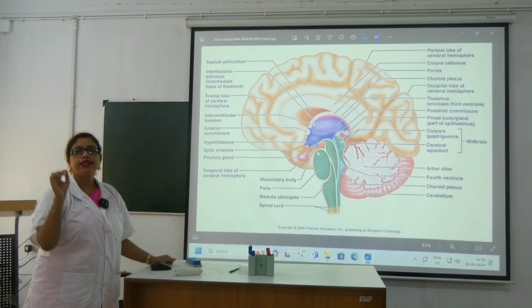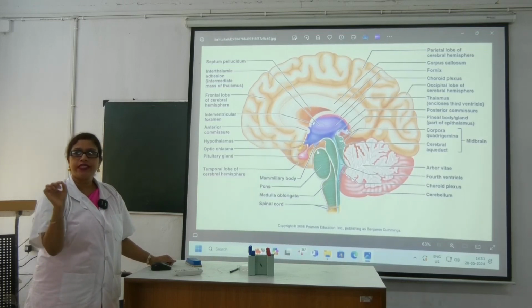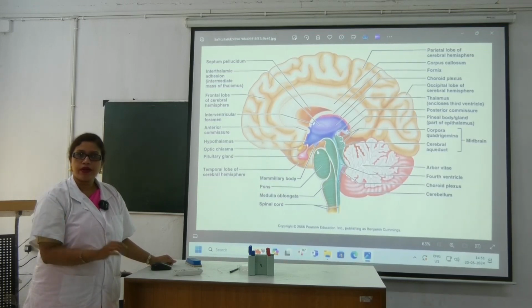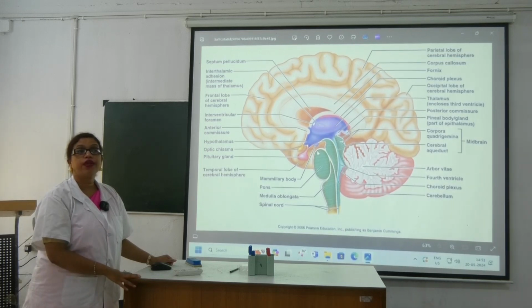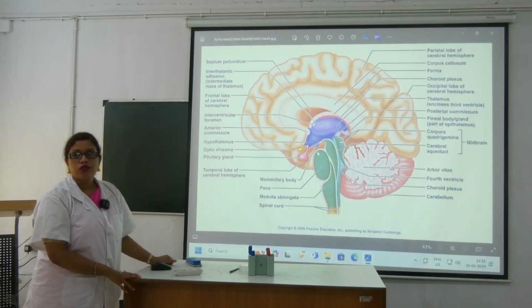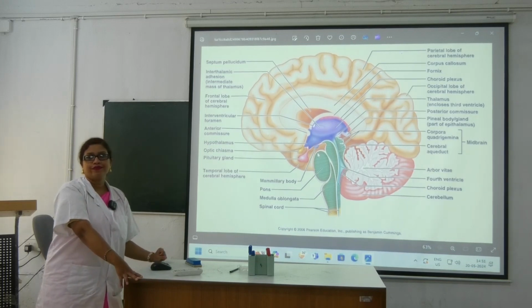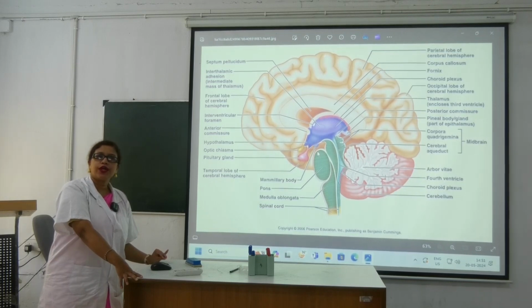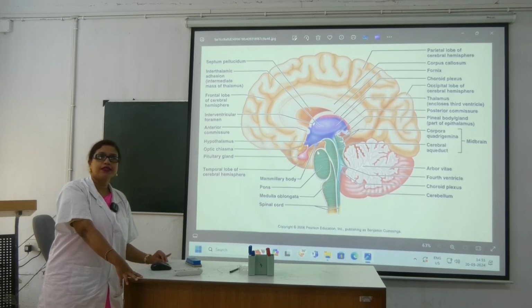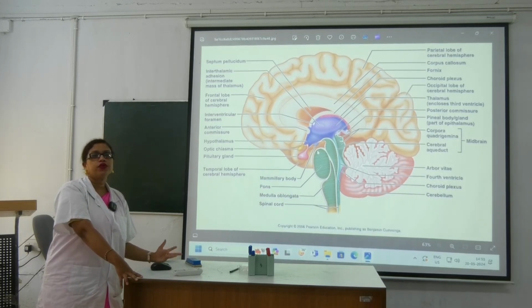Okay, and you will see there are small grayish particles present on the midbrain. So this is known as substantia nigra. So what is the function of substantia nigra then? Disease of substantia nigra is Parkinsonism. Okay, so what are the things you will get in Parkinsonism? Already I told you.